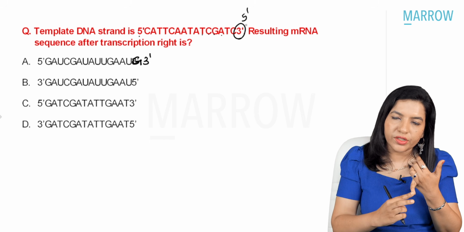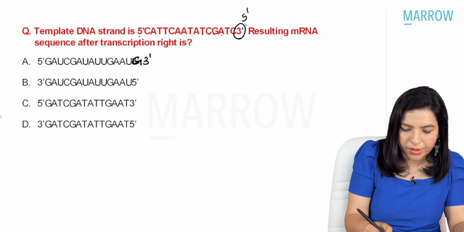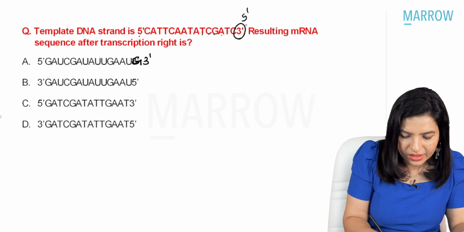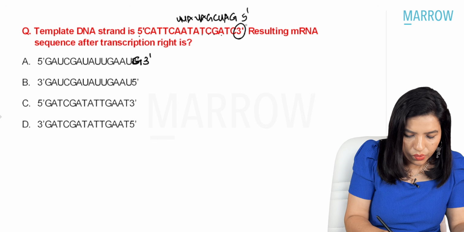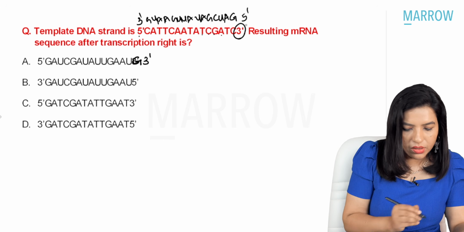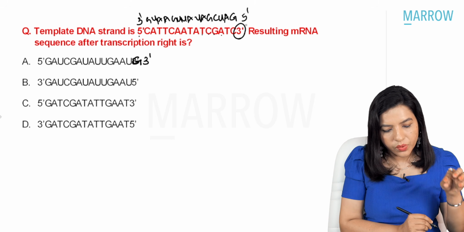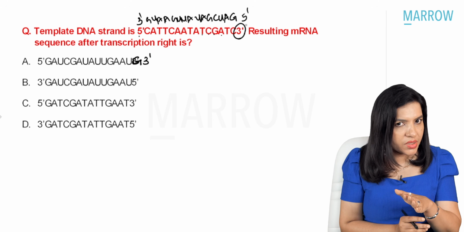Okay, so first find out the complementary, and we are making this 5', and now we are finding the complementary sequence where we can see that C is pairing with G, T with A, U, C, G, A, U, A, U, U, G, A, U and G, and make this the 3' end. Okay. Now in the question, 5' to 3' and 3' to 5' is given.